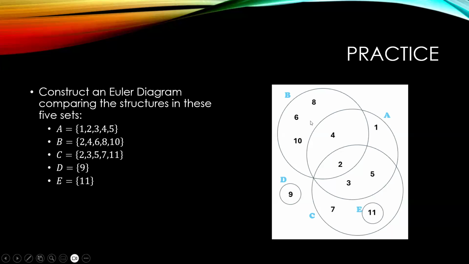B has 2, 4, 6, 8, 10. C has 2, 3, 5, 7, 11. And then we have E, which is just the set containing 11, and then D, which is just the set containing 9. 9 is just disjoint from everything else. And so using this Euler diagram, we're able to clearly visualize how everything is connected.